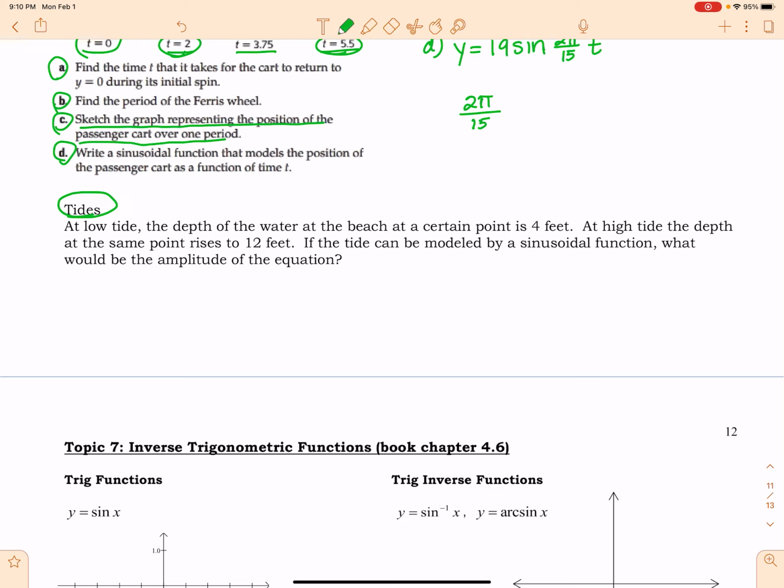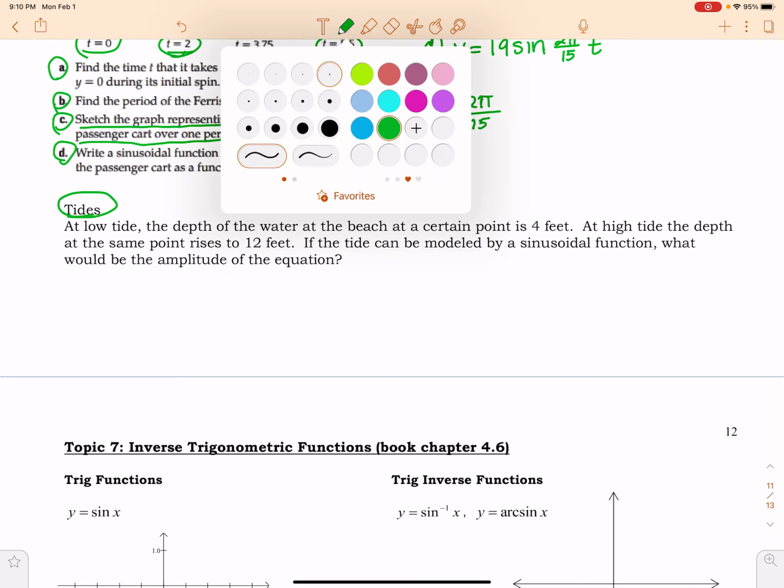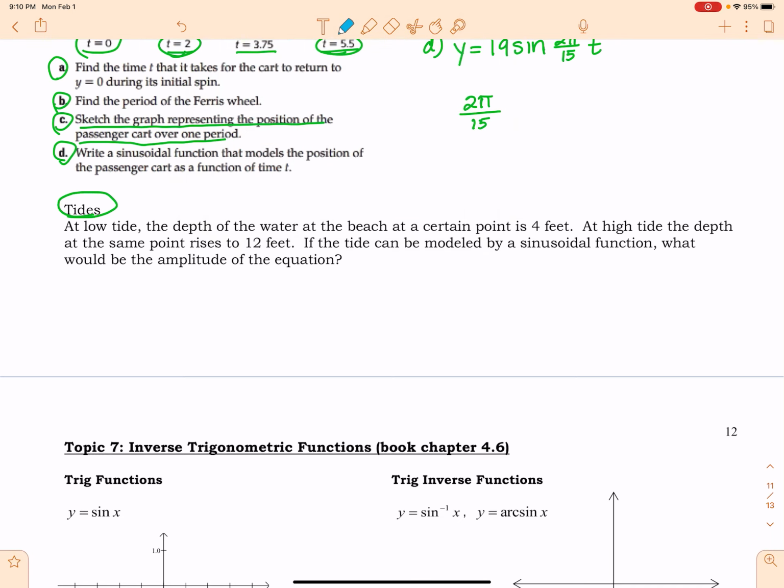All right, so for this particular problem, we need to switch our color here because we're going to be dealing with water. At low tide, the depth of water at a beach at a certain point is 4 feet. Okay, so here's the beach here. Here's the water. So at a certain point, it's 4 feet.